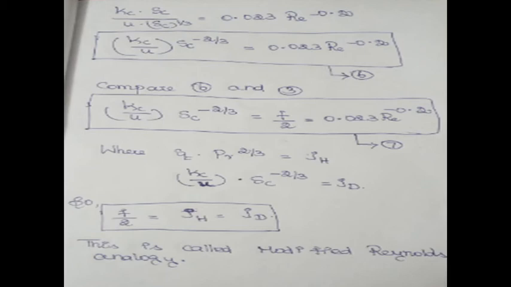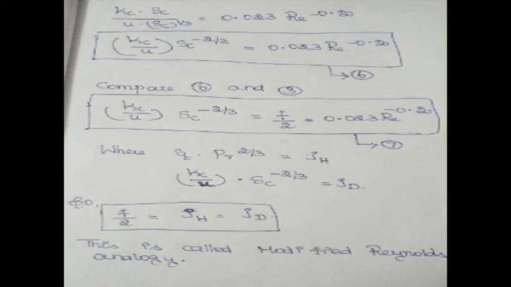Are you clear? From the seventh expression, Sc power minus 2/3 into Kc by u is nothing but Jd. What is Jd? The j factor of mass transfer. From expression number 4, Stanton number into Prandtl power minus 2 by 3 is nothing but JH.